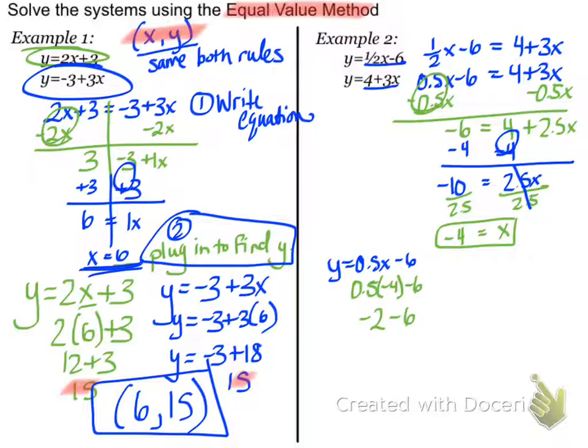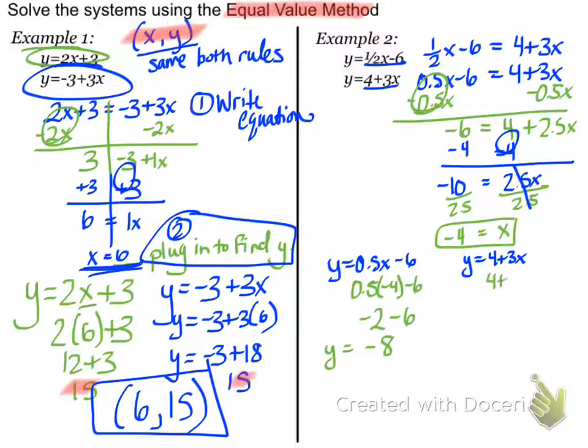I'm going to solve 0.5 times negative 4 minus 6. That gives me negative 2 minus 6, because half of negative 4 is negative 2. Then I subtract, and I get negative 8. I'm just using order of operations here, calculating this out. But I'm going to check it with the other rule. So now I'm going to write down the other rule and try it again: 4 plus 3x.